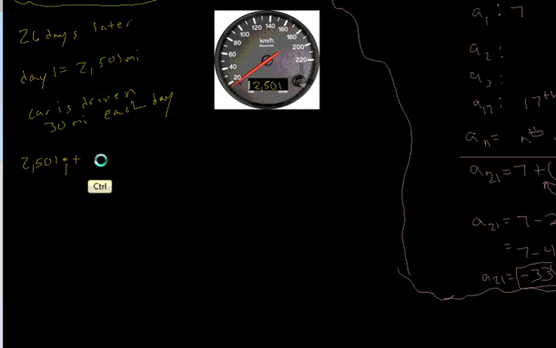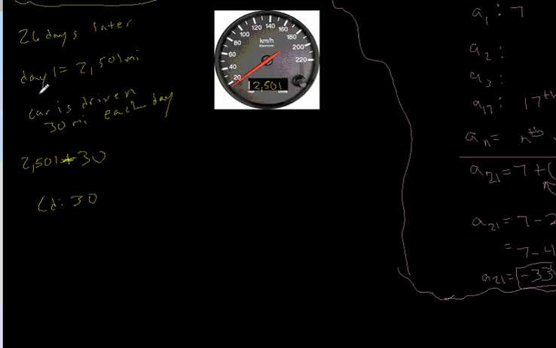If you do that each day and only add 30, there's a common difference, and the common difference is 30. So you could say CD, or common difference, is 30.